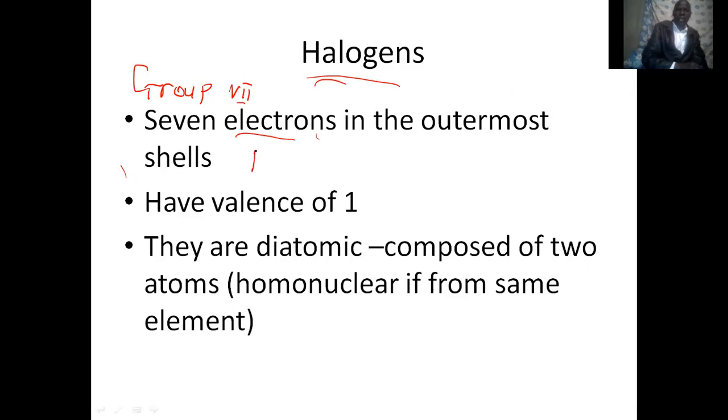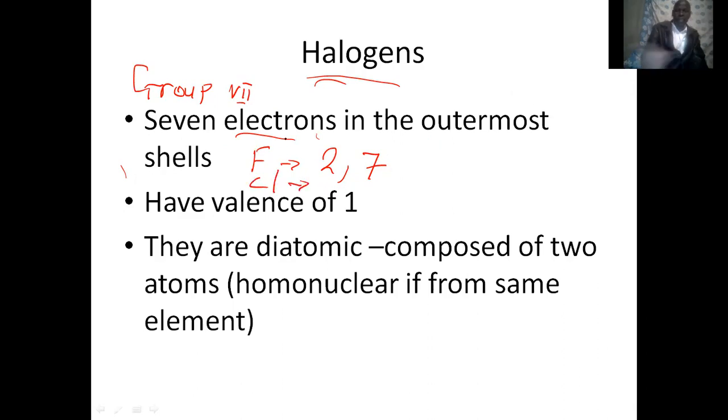So if we look at the electron configuration of fluorine, we're going to have 2 and 7, meaning that for it to be stable, it requires 1 electron to come through it.